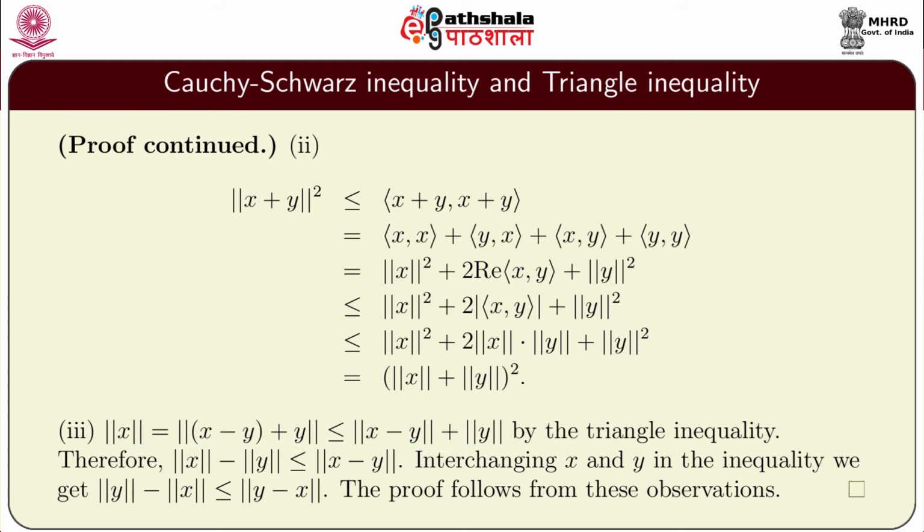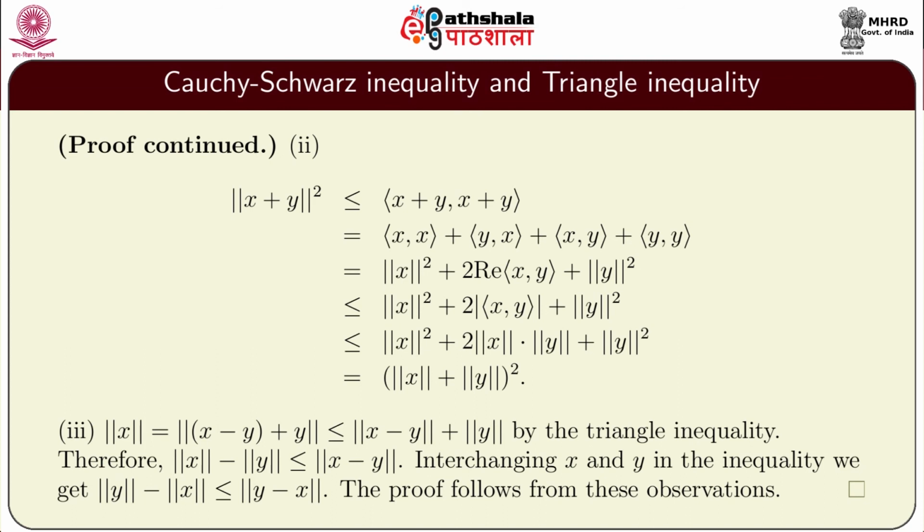But you see, this inequality is true for every choice of x and y in V. Therefore, we can also interchange x and y in this inequality, and that gives us norm of y minus norm of x is less than or equal to norm of y minus x.